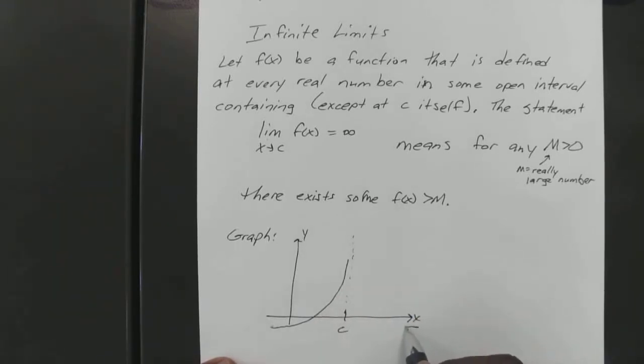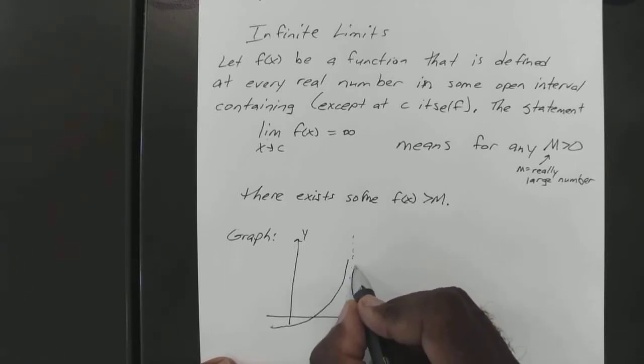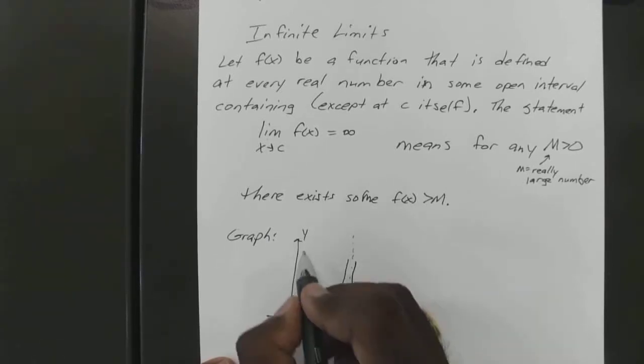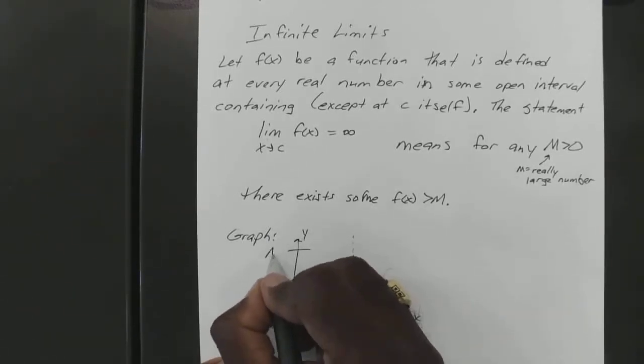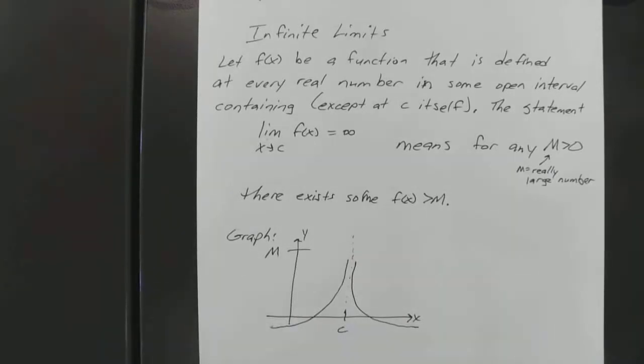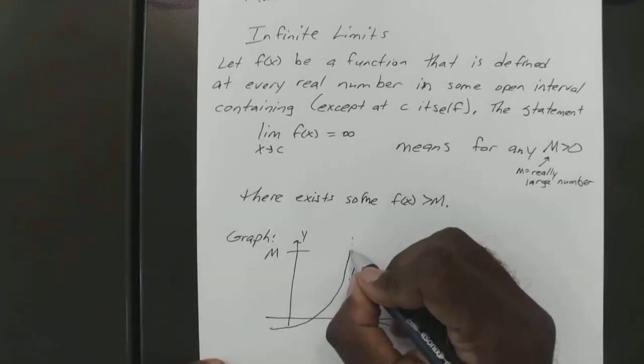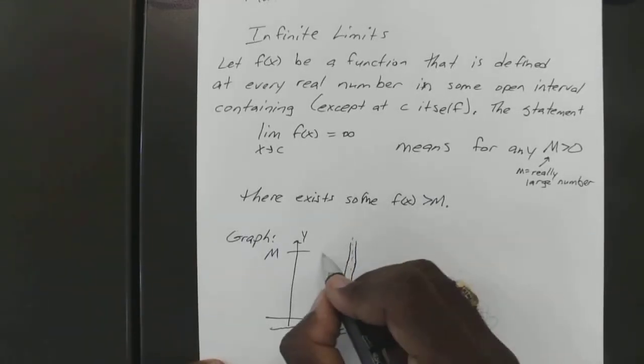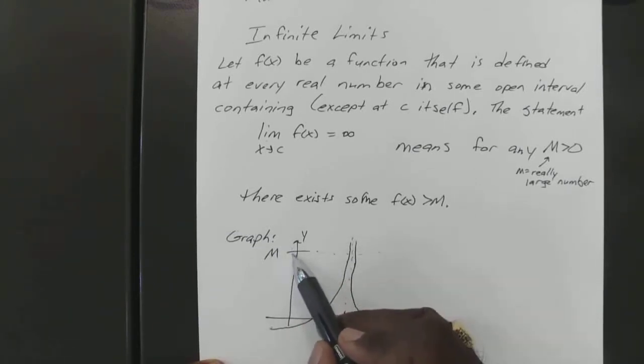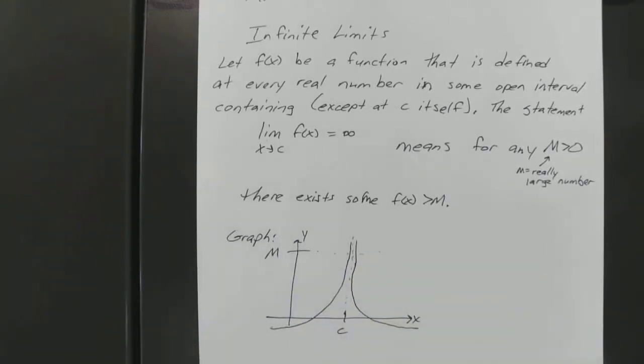And as you get closer and closer to c from the right, the value just gets higher and higher. So they're saying no matter how big you make a certain number, at some point, if you keep getting closer and closer to whatever that c value is, it's going to pass it. If you move that m value up a little higher, or even a lot higher, at some point, it's still going to pass it. So that's what they mean by it just equals infinity. No matter what, it's just going to keep growing.